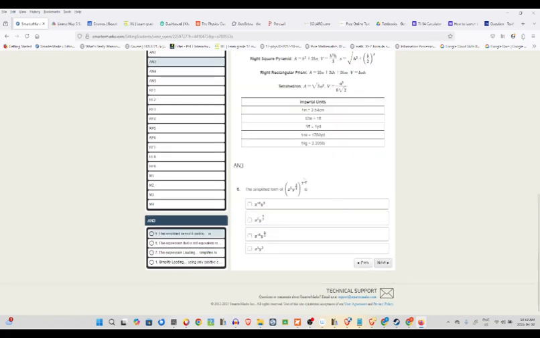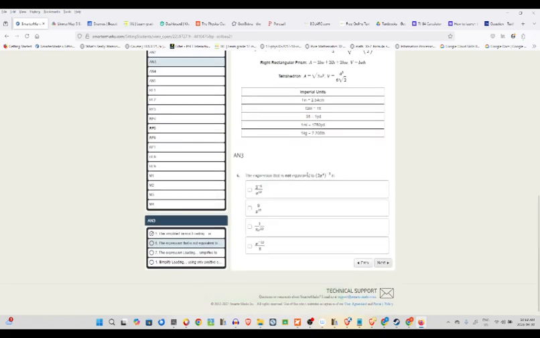The simplified form of this expression. Well, an exponent raised to an exponent, we multiply them. 5 times 2 is 10. We're looking for x to the 10. That narrows it down to a or c. Now 3 over 2 times 2 is 3. That makes it a. The expression then is not equivalent to 2x to the 4th to the -3.